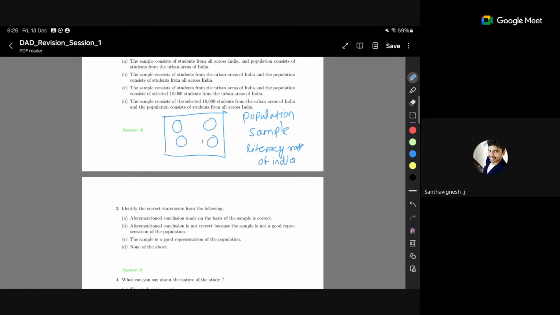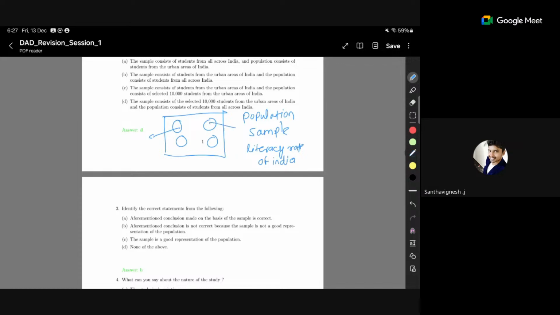So what we do is we take small samples of each area. We can go district wise, maybe state wise, depending on how deep a study you want to do. If you go state wise, you go to each state, find a few people, and ask how educated you are.